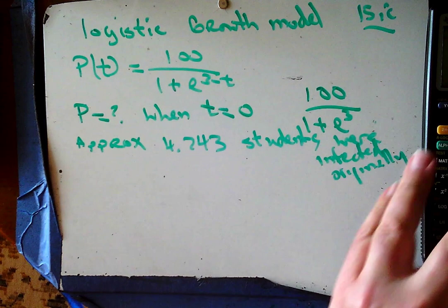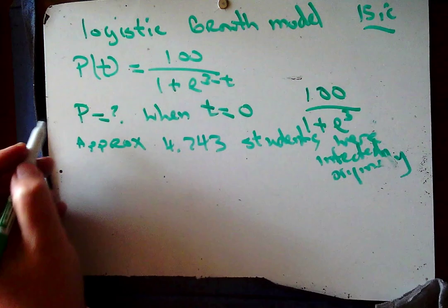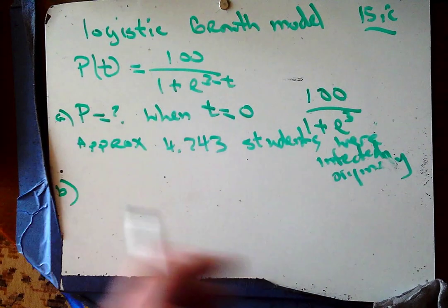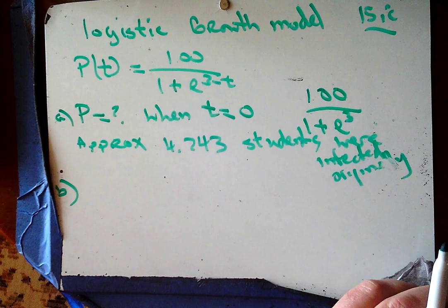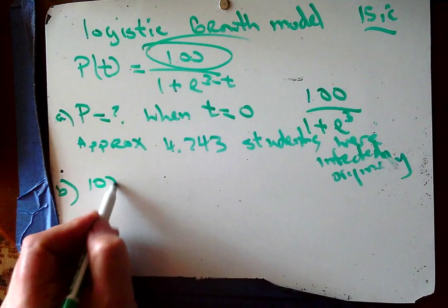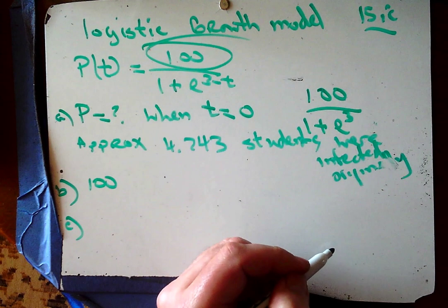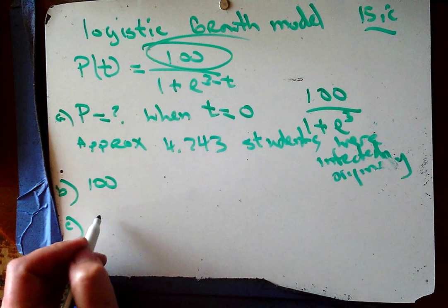Okay, all it takes is 4 people to come in sick. There's part A. Part B. What is the maximum number of students who will be infected over time? Well, that's easy. C. Estimate the number of days it will take for 99 students to be infected.